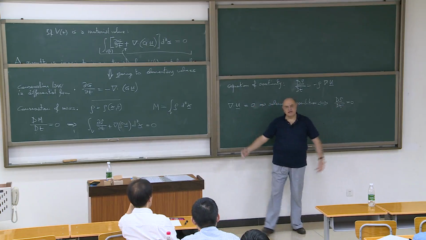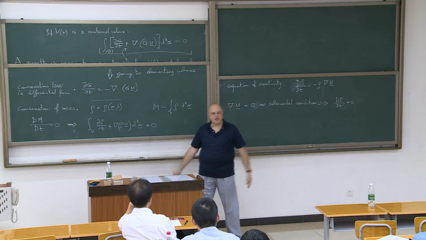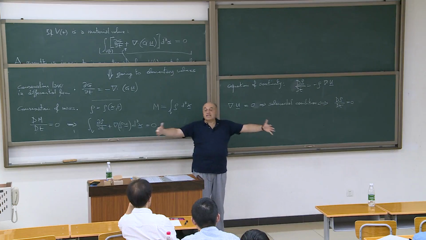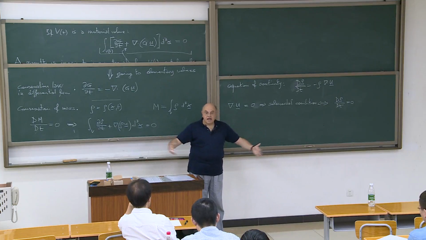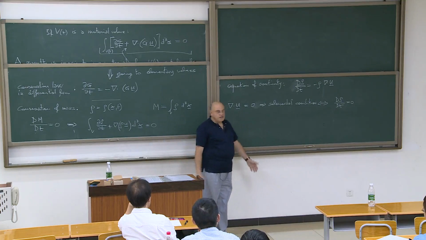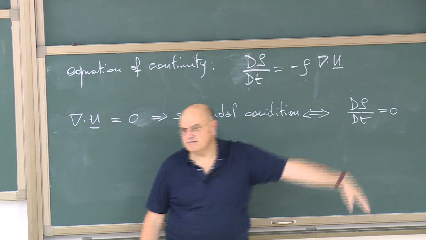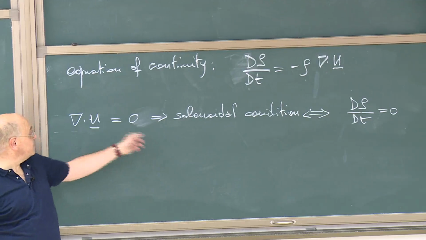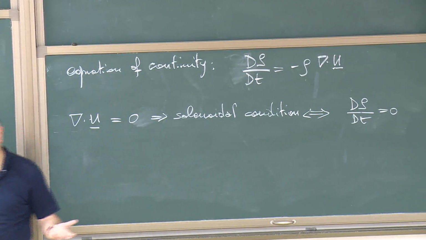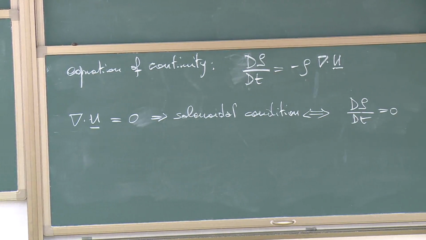Yeah, of course. In cosmology, rho may change. Ah, yes, but it depends on the scale you consider. On the very large scale, you may assume that rho is not going to change, basically. And so you assume this case, divergence-less condition. Okay, so this is conservation of mass.